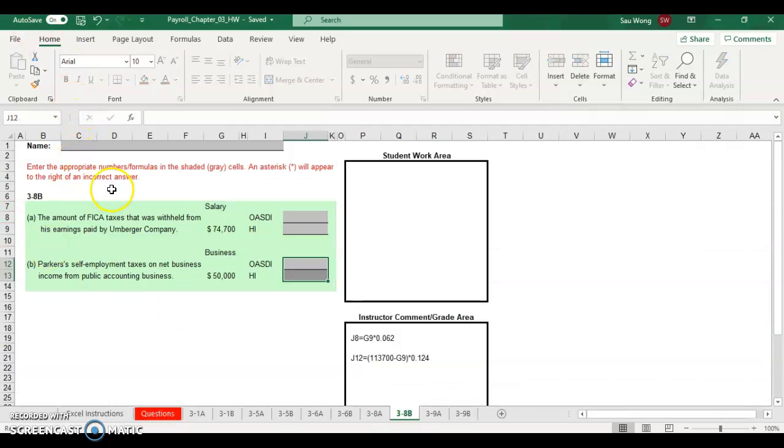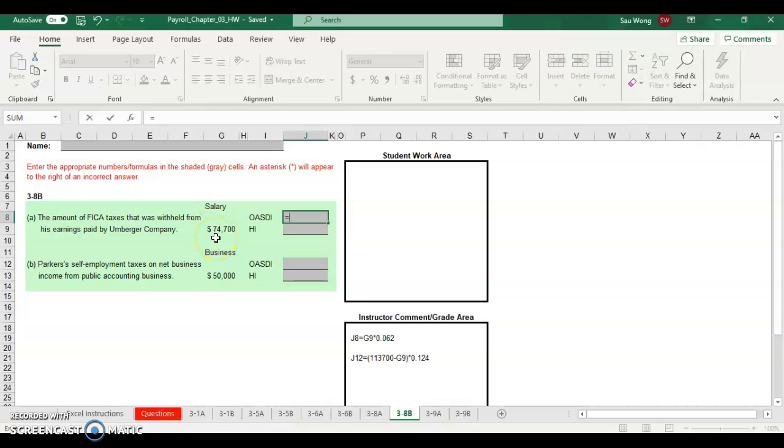So before he worked as a public accountant on his Schedule C, he worked for the Hamburger Company and got a salary of $74,700. So the OASDI would be equal to, I have the J8 equal to G9.